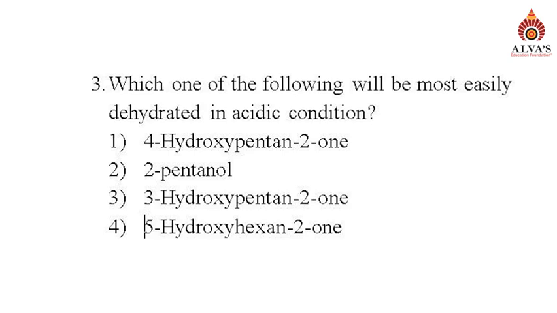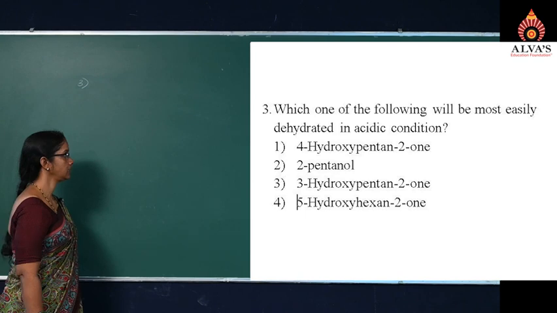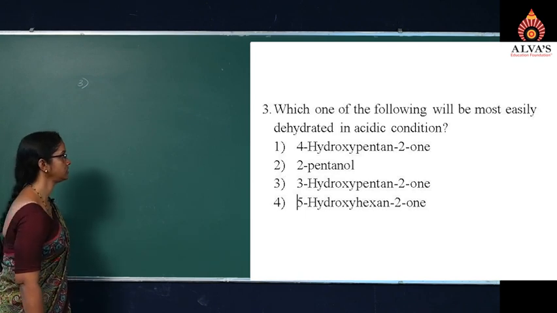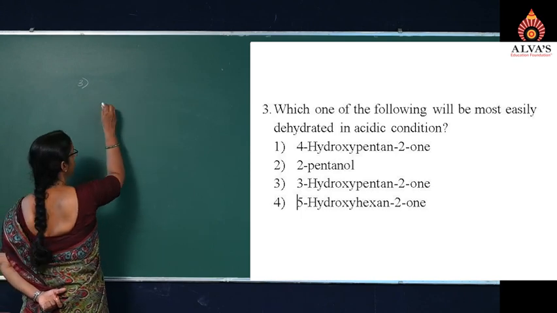It says, which of the following will be most easily dehydrated in acidic condition? The options are 4-hydroxypentan-2-one, 2-pentanol, 3-hydroxypentan-2-one and 5-hydroxyhexan-2-one. So to observe the most easily dehydrated molecule, we have to see their structure. So let us go for the first, 4-hydroxypentan-2-one.